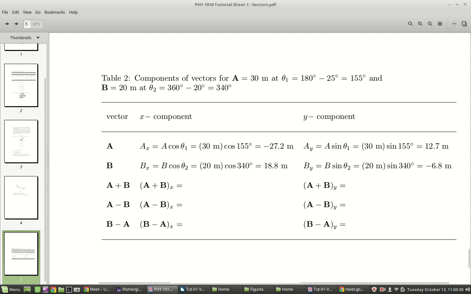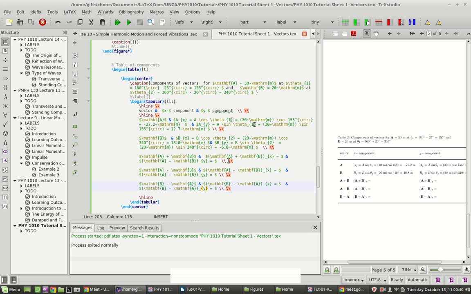How do we find the x component of a plus b? The x component of a plus b will be equal to the sum of the x component of a plus the x component of b.